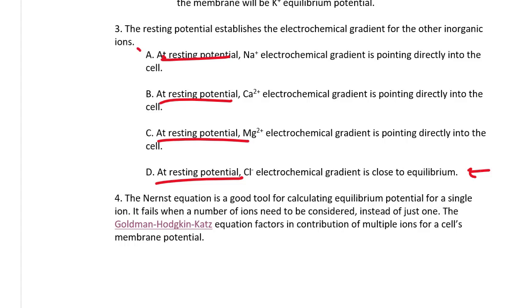Now, for all of these other ones, you're like, I have to memorize all these, Dr. Sabahi? Well, yeah, you need to know which direction the electrochemical gradient is pointing at resting potential.